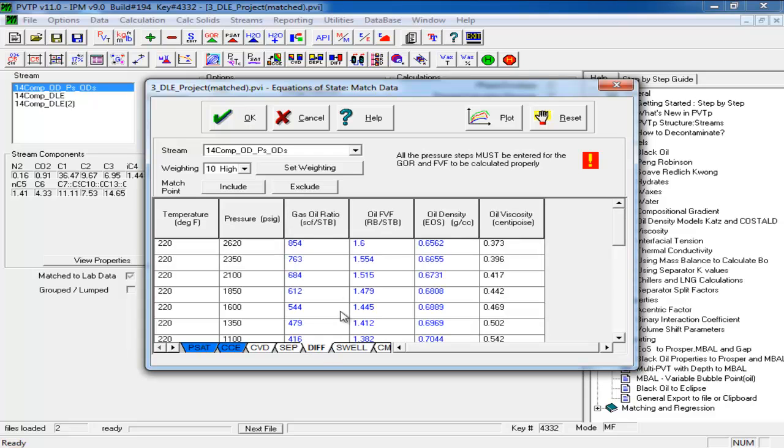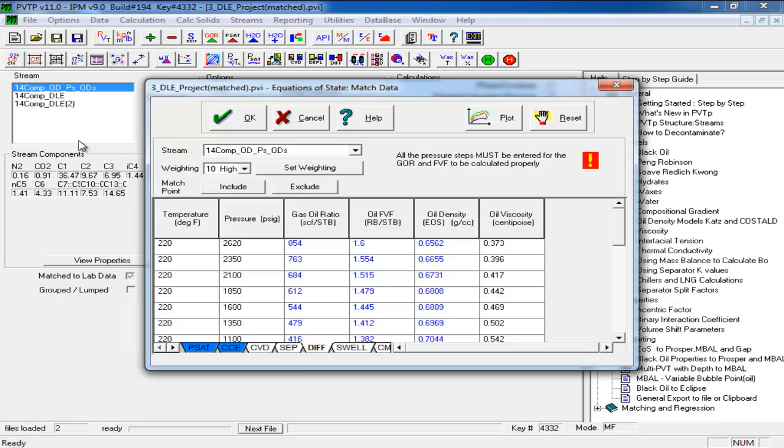For differential, we are talking about RS, D, beta O, D, we are talking about 4 properties that are measured in lab.